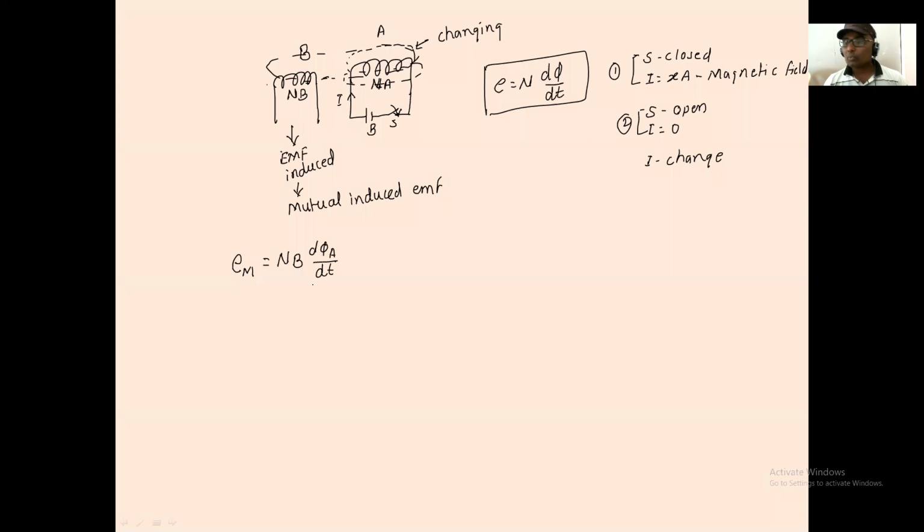Do you agree with this equation? Yes or no? Yes, sir. So this is the equation of mutual induced EMF.